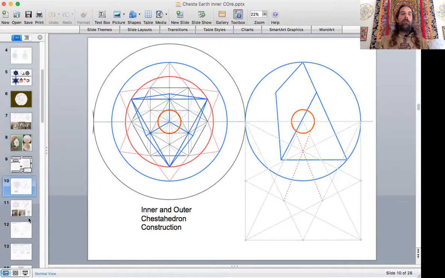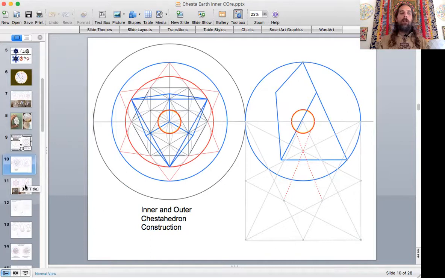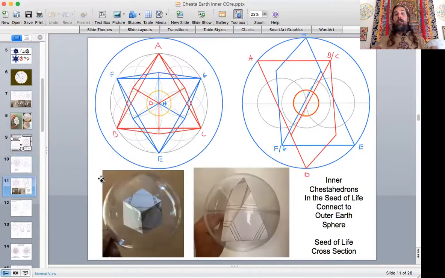Okay, so how do we get to that inner Chestahedron? Well, a very easy and accurate way of doing it is to just draw the Chestahedron already. This is the inner Chestahedron, because remember, this big blue circle out here is the Earth, and that was created by those outer Chestahedrons.